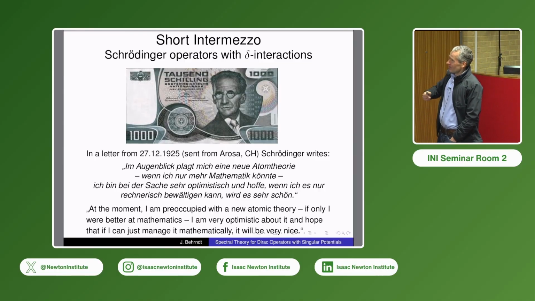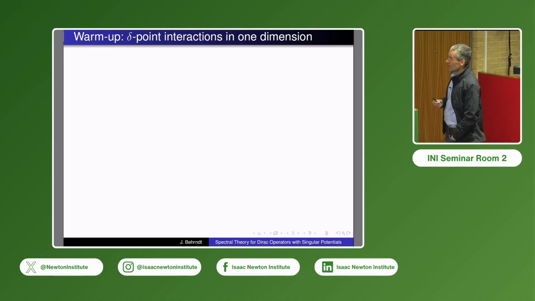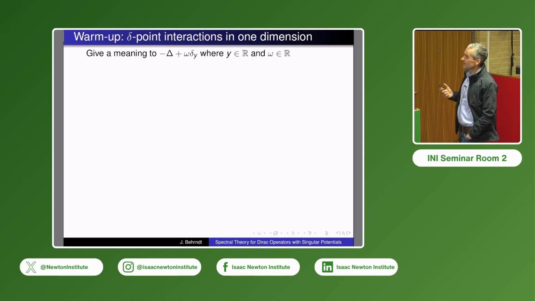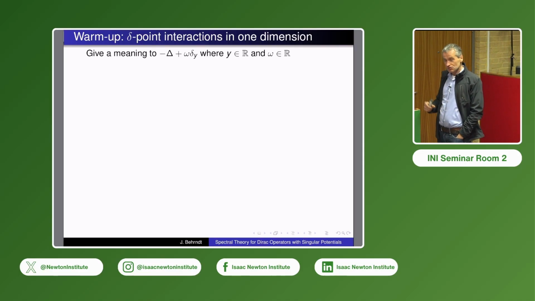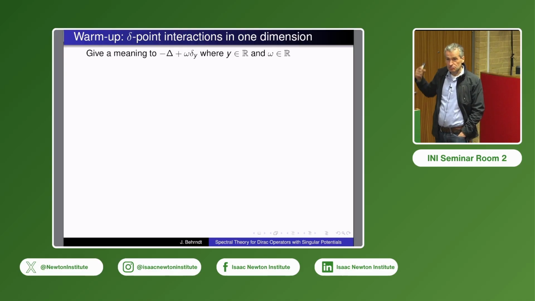Good. So let's get back to mathematics, delta interactions, and this is somehow the most simple and easiest case, but it tells you a lot. So how do you define a differential operator with the delta interaction. And this is in one dimension to keep it simple. So I'm just looking at the Laplacian in 1D, second derivative, and I wonder how to define the Laplacian plus a distribution.